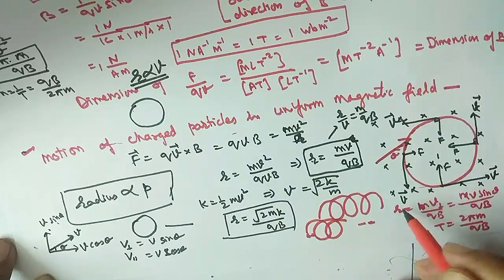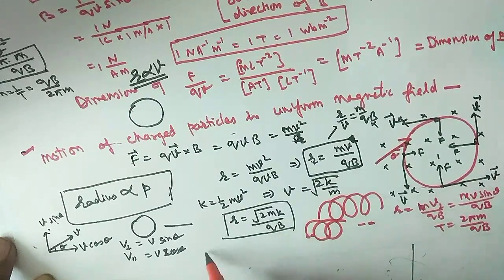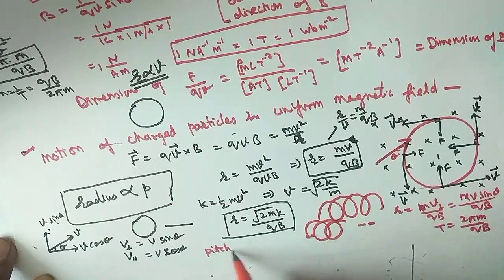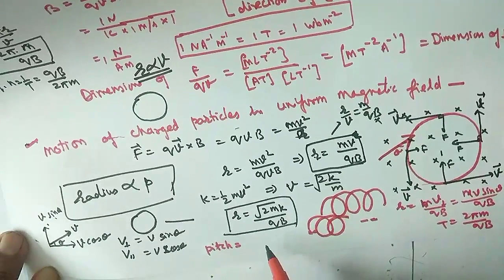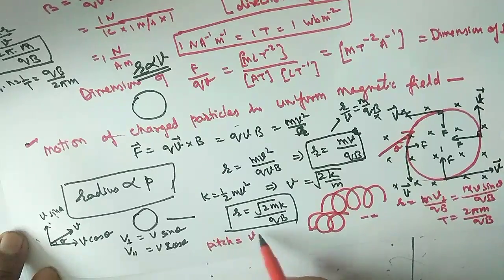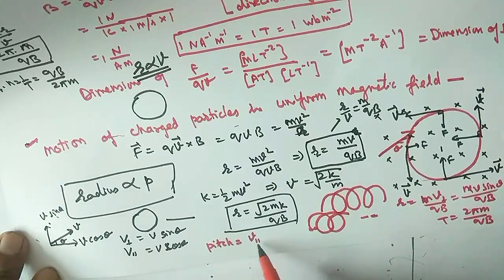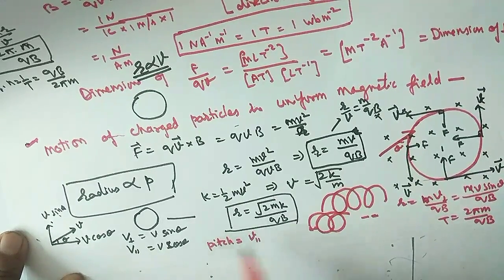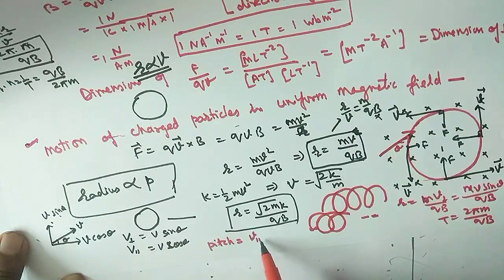That is known as the pitch. Only the parallel component, cos theta, covers this linear distance.